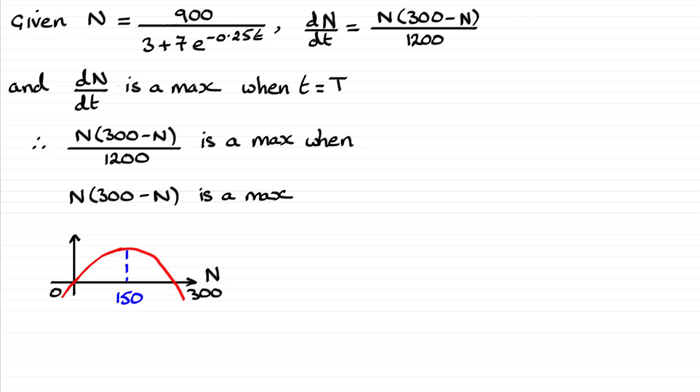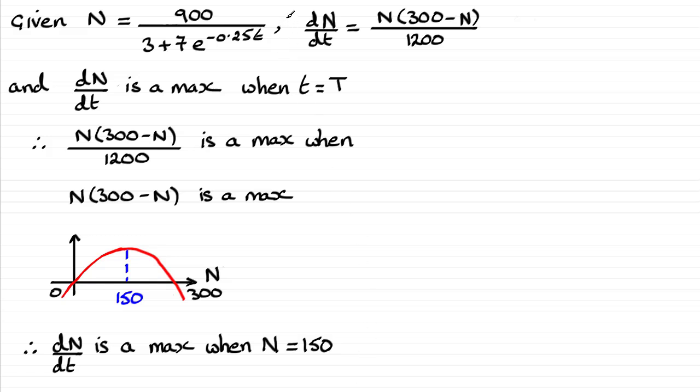So we're going to use that fact then that dn by dt, that rate of growth, is a max when n equals 150. So it's just a question then of substituting 150 into this equation here.